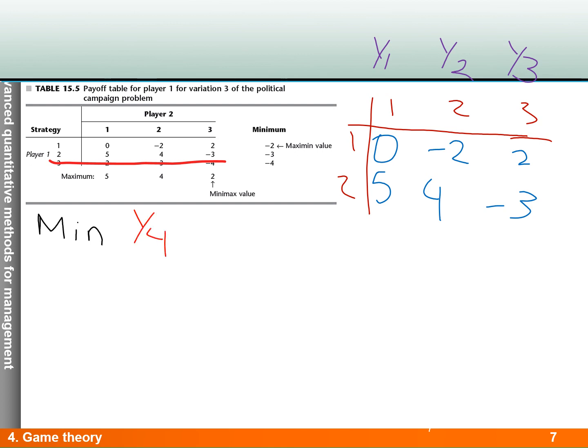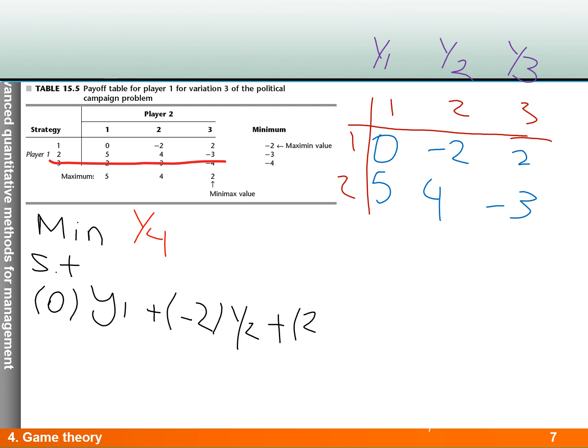Okay, subject to what? The constraints easily are: 0 multiplied by y1 plus minus 2 multiplied by y2, plus 2 multiplied by y3 minus the value y4, this time less than or equal to 0.